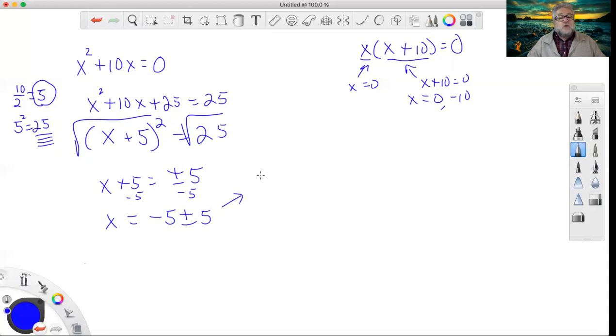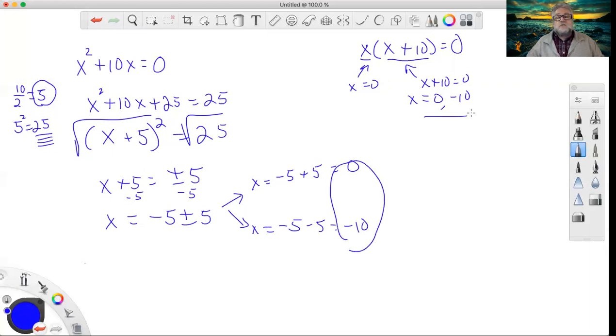This means one solution is x equals minus 5 plus 5, and the other solution is x equals minus 5 minus 5. Oh wait, this is 0, and that's negative 10. Look at that. We got the same thing as we got over here. So completing the square, factoring. Factoring is always easier, but if you can complete the square, it makes it very convenient.